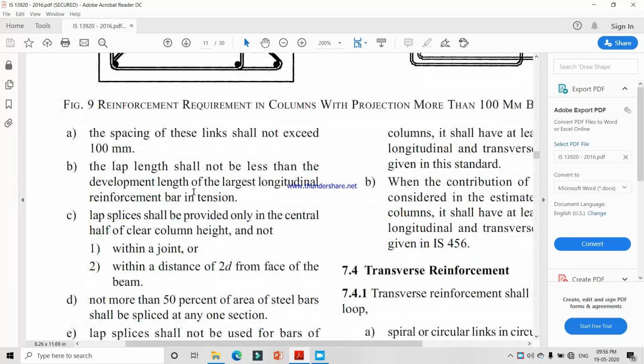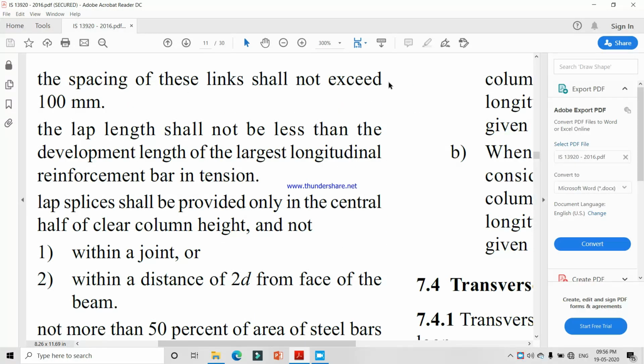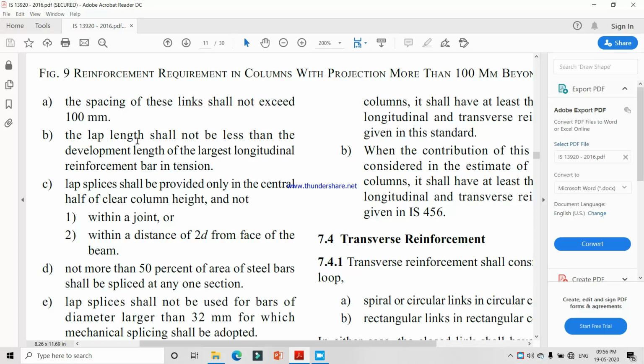So the maximum spacing is 100 mm, and the lap length should not be less than the development length. Lap length is equal to the development length, and the lap splices shall be provided only in the center half of the clear column height, and lap splices are not provided within the joint and 2d from the face of the beam.